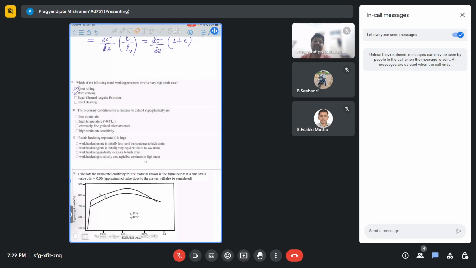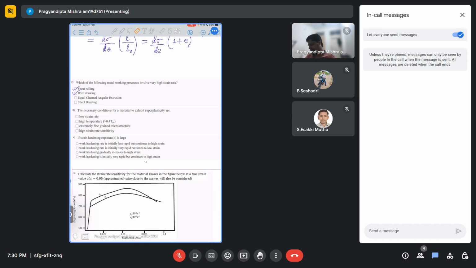Otherwise, the material will either fail before it reaches that thin sheet or wire, or it will not reach that level of thinness that we want to actually get. Thinness is not exactly a word, but I don't have a substitute word for that. Other than that, equal channel angular extrusion will not involve that. You're just extruding a material. You will not need to have high strain rate in that case. Similarly in sheet bending, you already have the sheet. You're just bending it. You don't need high strain rate in that case.